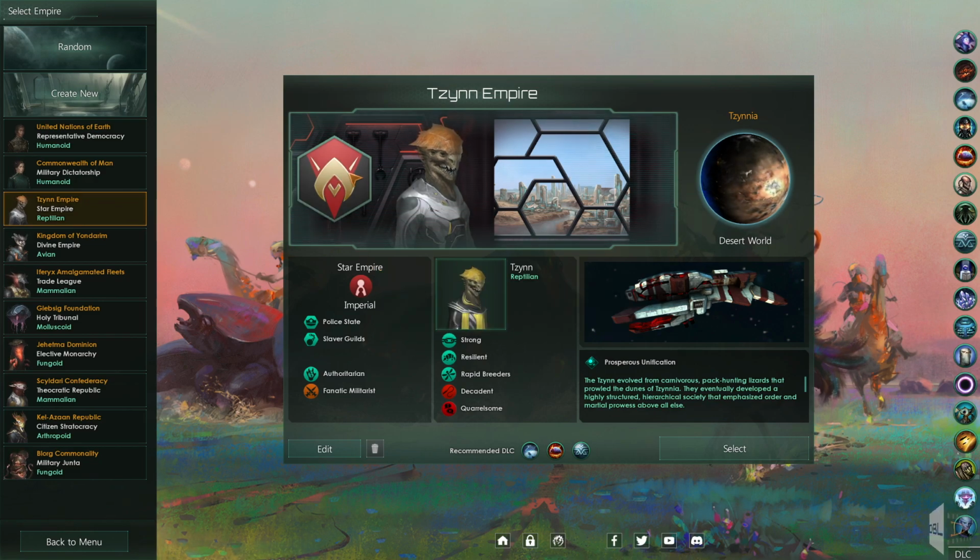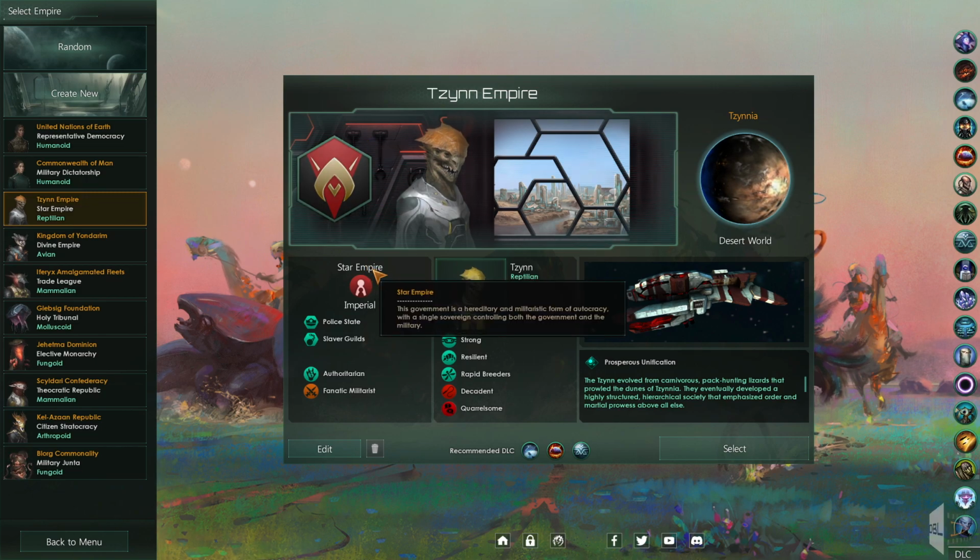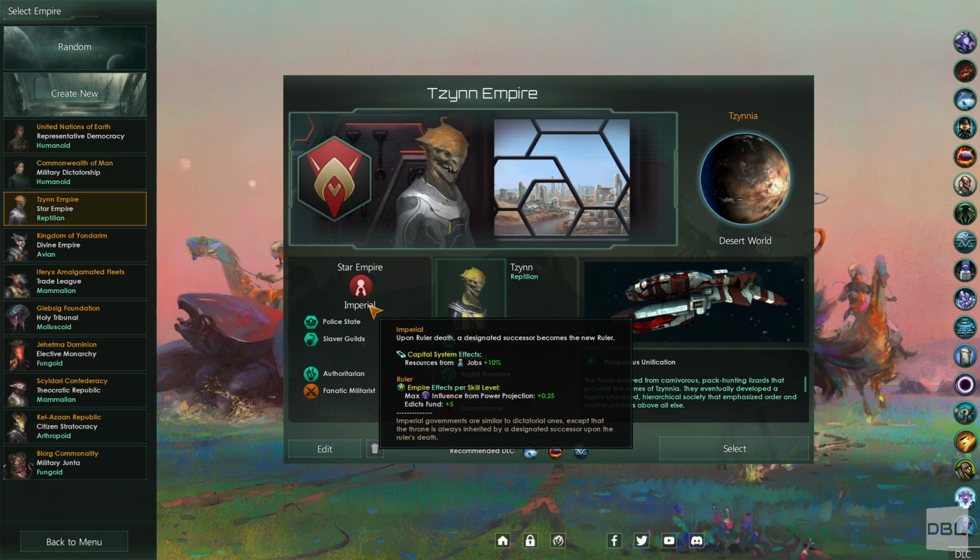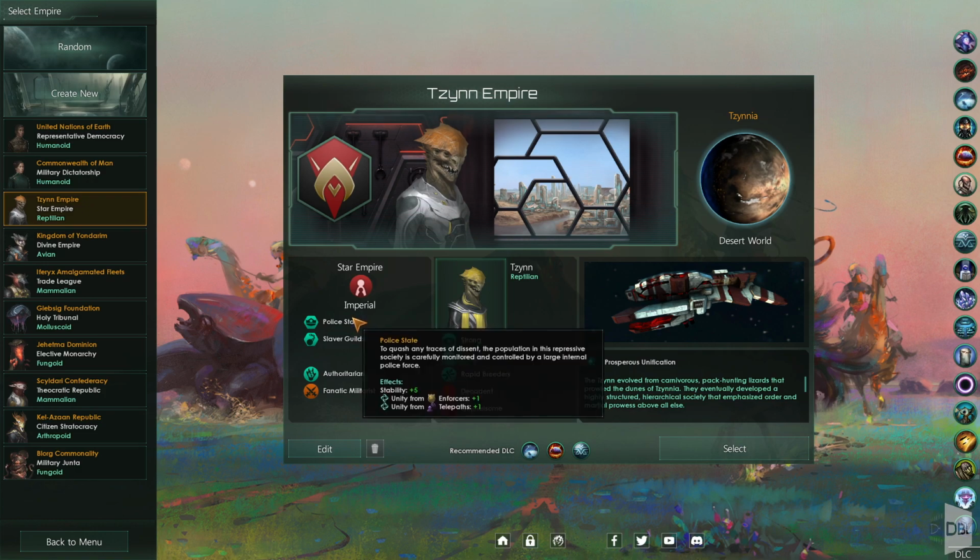No, that's the symbol of like each empire. That's like the empire's insignia. Imperial. Upon ruler death, a designated successor becomes the new ruler. Okay. Yeah, so that's what I thought. Police state.